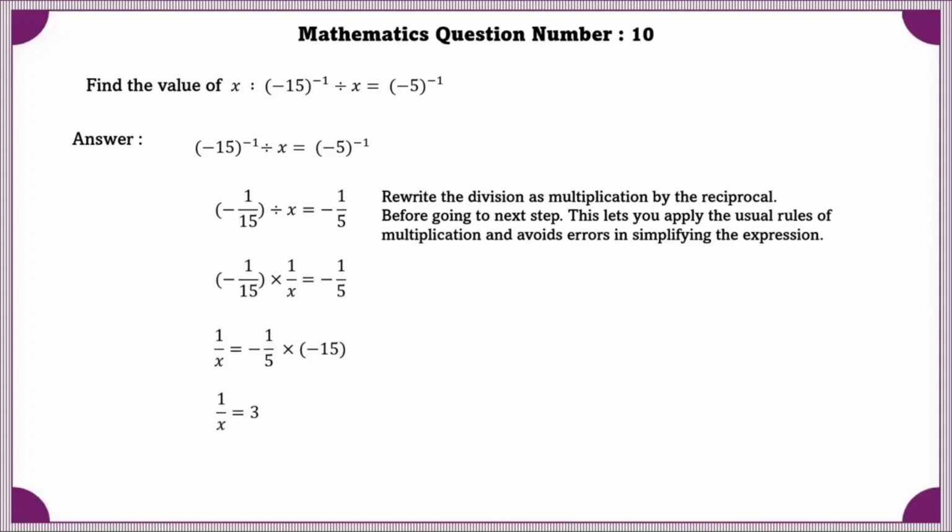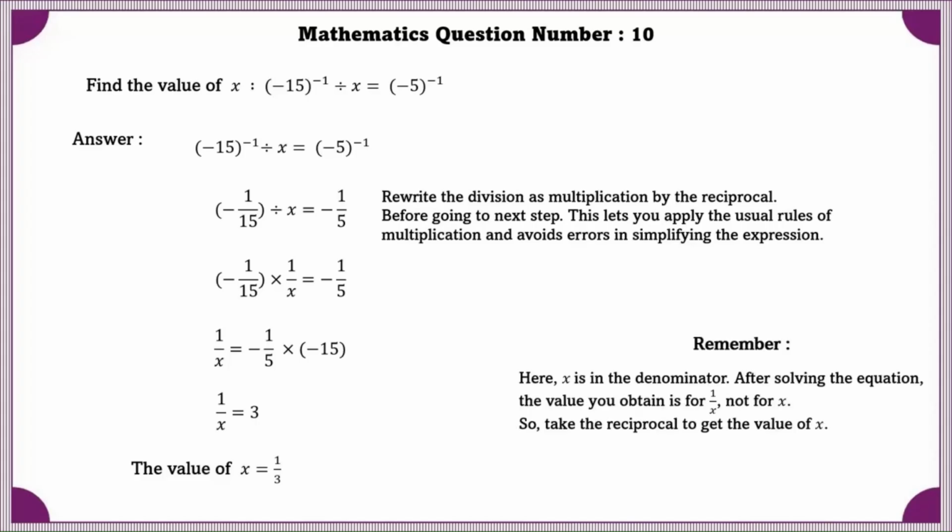After simplifying the expression, we get 1 by x as 3. Since we need x, we will just transpose it and find the value of x as 1 by 3. Remember, here x is in the denominator. After solving the equation, the value you obtain is for 1 by x, not for x. So, take the reciprocal to get the value of x.